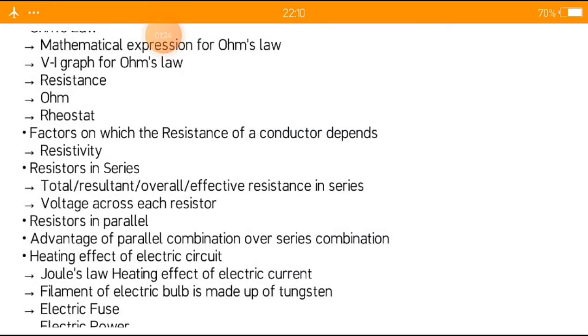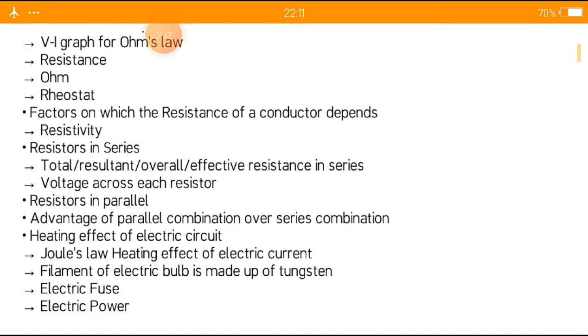Resistors in series. Total resultant overall effective resistance in series. Then voltage across each resistor. Resistors in parallel. Advantage of parallel combination over series combination.